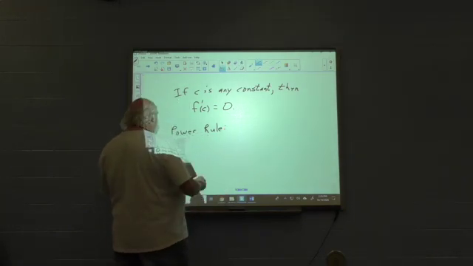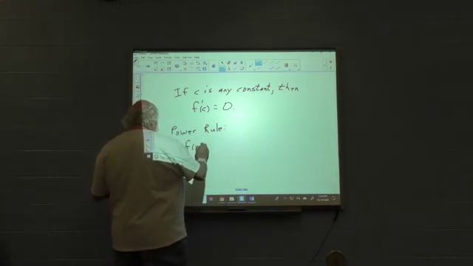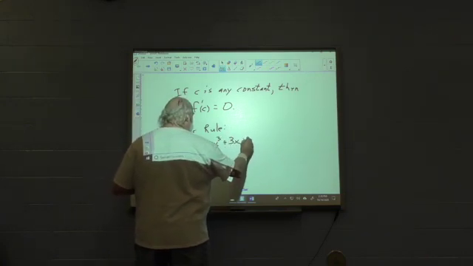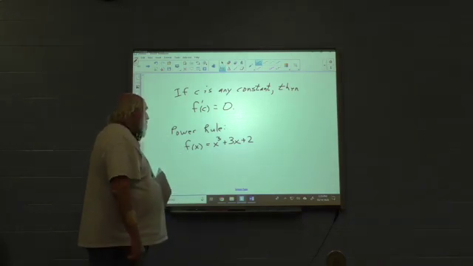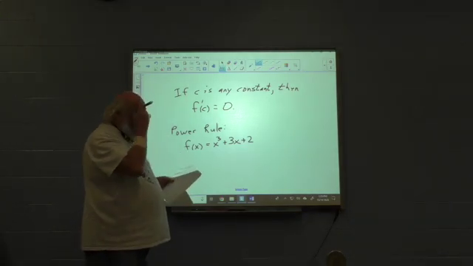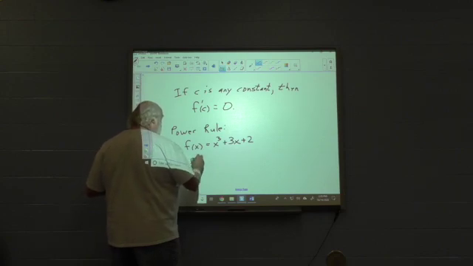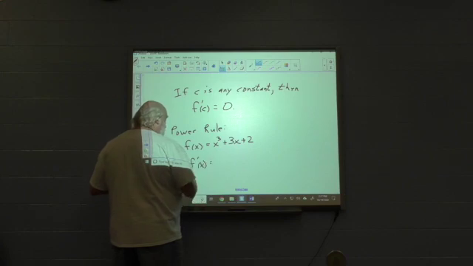So let's take a look at f of x is equal to x cubed plus 3x plus 2. And let me find the derivative of that. So let's find f prime of x as delta x approaches 0.